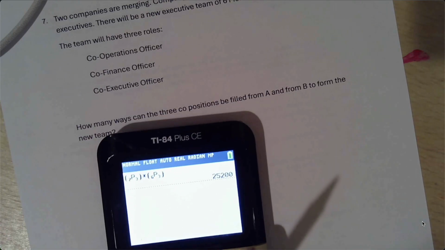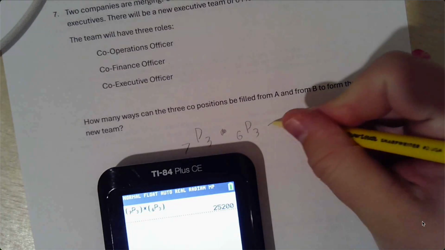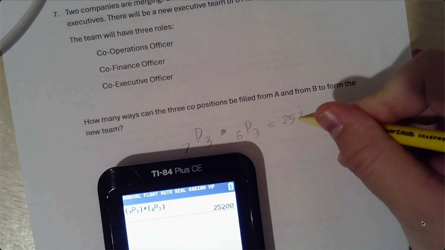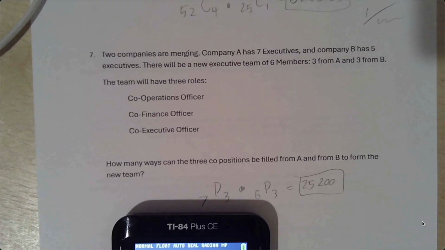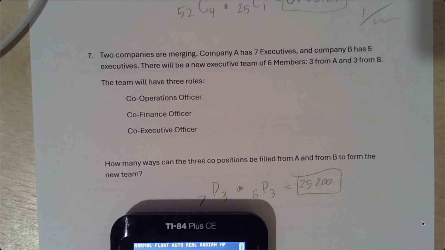And there's 25,200 different ways that could occur. So, right, even with just a small amount, right, we think like, 7 people and 3 people, let's just assign some roles and move on. Really, there's a ton of different options, which is kind of surprising to think about.